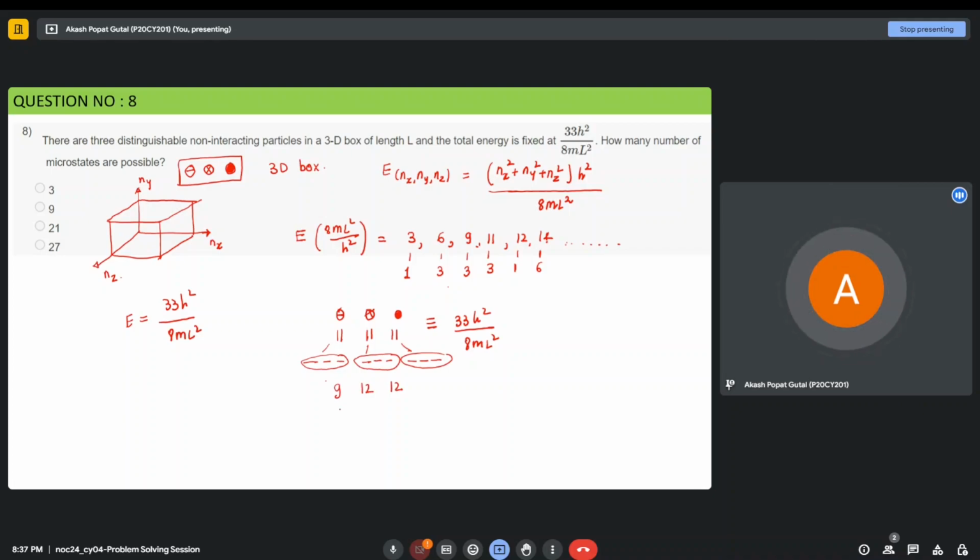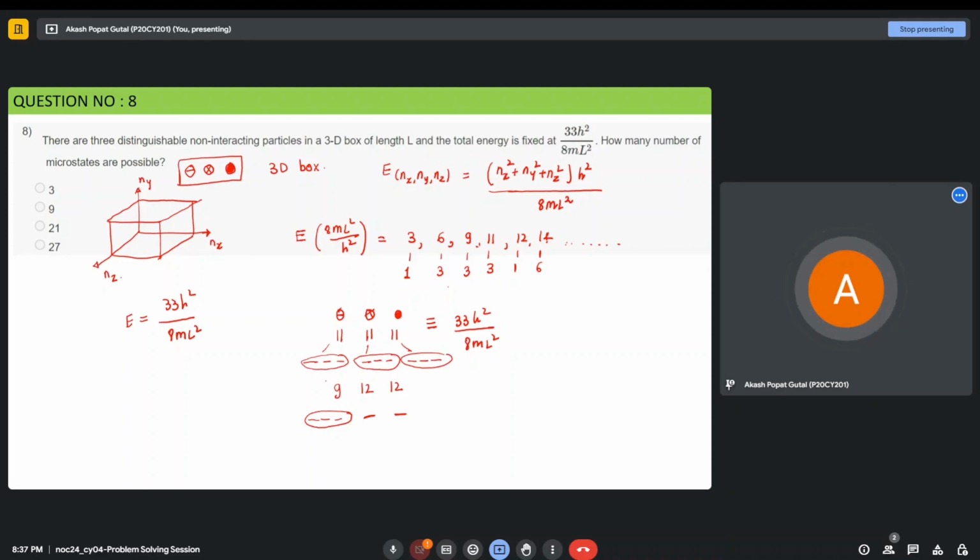But 9 has 3 degeneracy and 12 has 1 degeneracy. If you see, only one triplet of quantum numbers is found for 12 units of energy in this particular box. So we have the system.